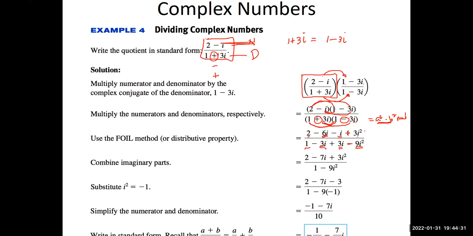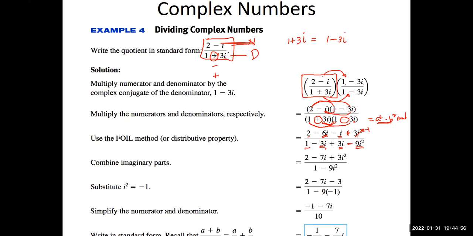Okay, so to continue, let's simplify. Let's combine the imaginary parts and the real parts. For the numerator, what are we combining? So here, 3i squared. This will change because i squared is equal to -1.